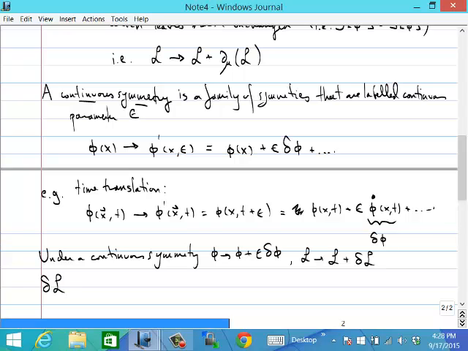So if you do an infinitesimal transformation, then the chain rule tells you how the Lagrangian changes to first order. So you'll get epsilon dL by d phi times delta phi, and then dL by d(d mu phi) times d mu delta phi. Okay. So both of which are proportional to epsilon.